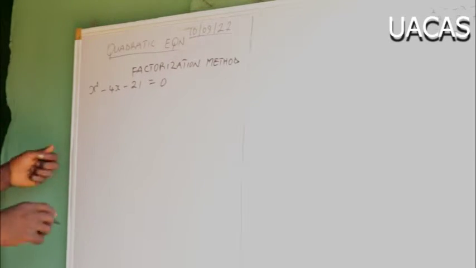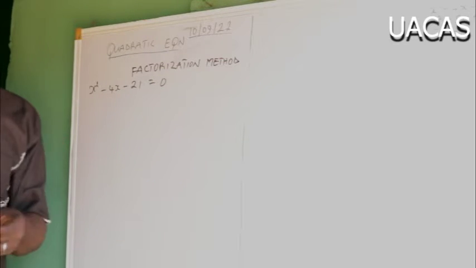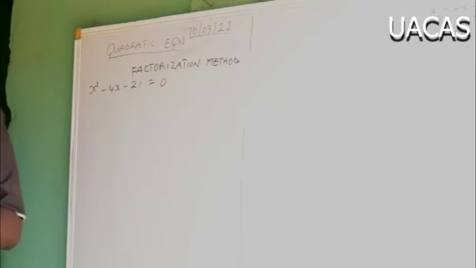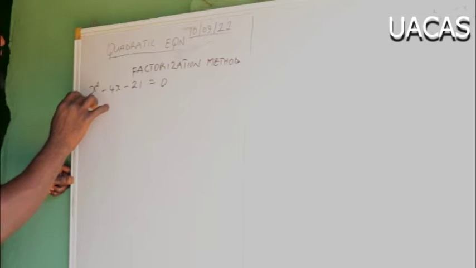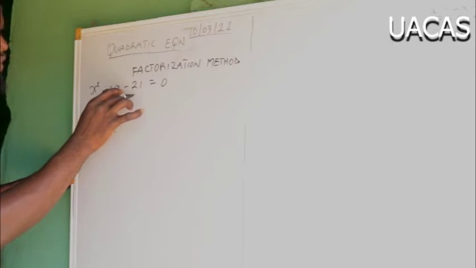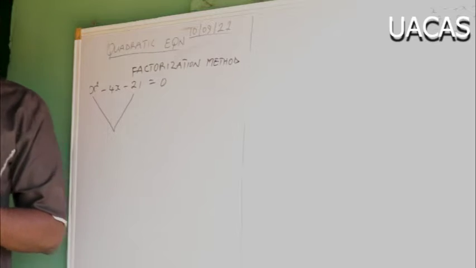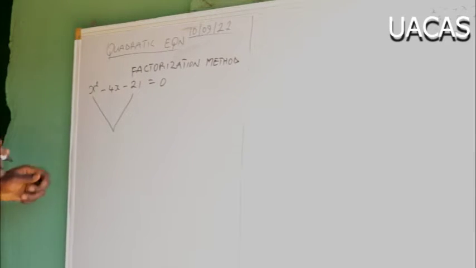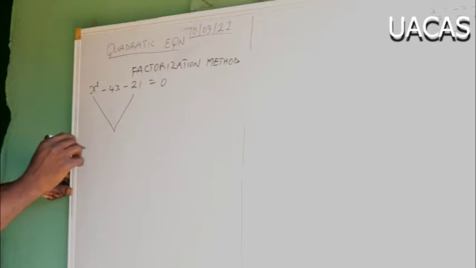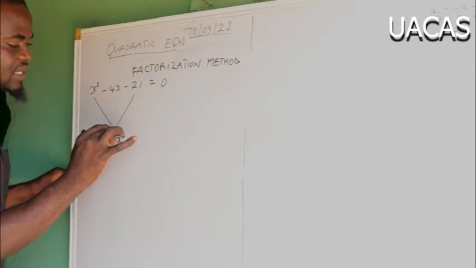So now, what do we do? I want to use a line to illustrate this. Look at it. This very one and this very one, just as we did for the quadratic expression, you take the first term and the last term. So x squared multiplied by minus 21 will give me minus 21x squared.